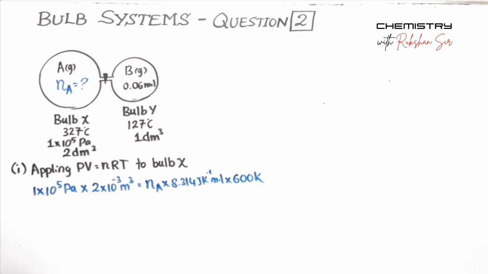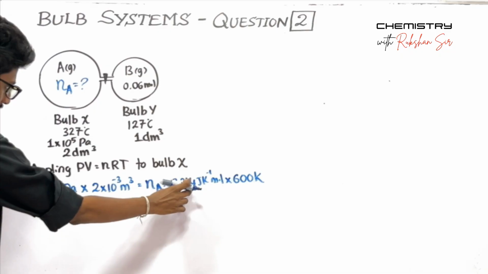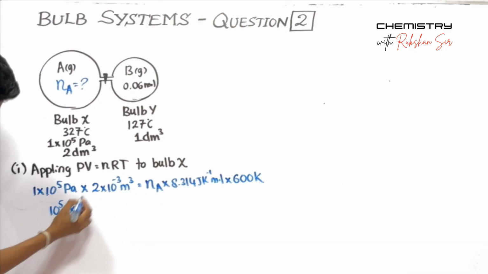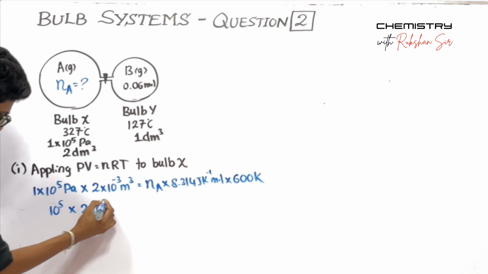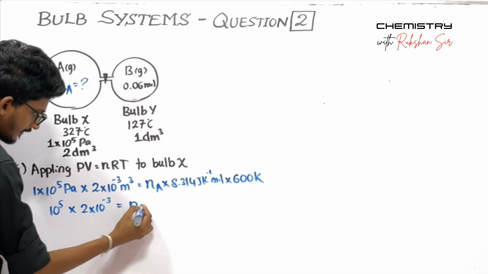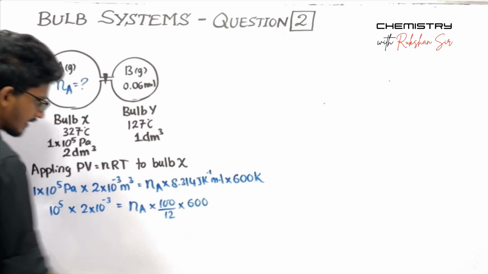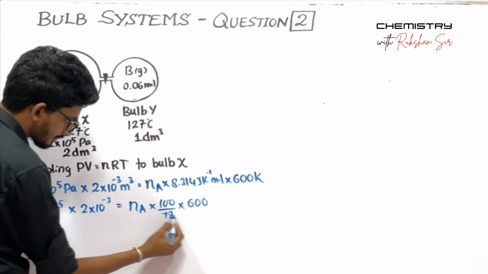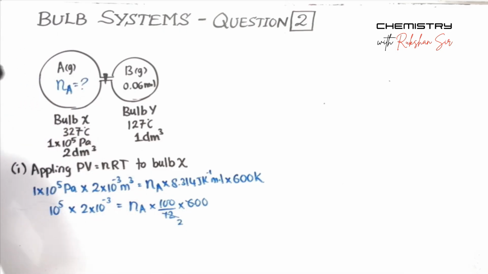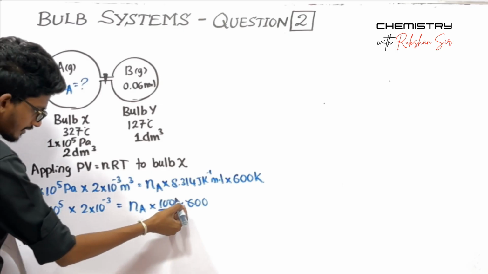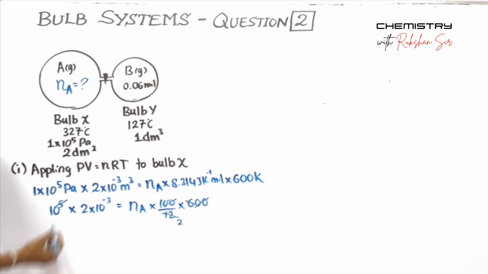Let's simplify. We can take R as 100 over 12. So it is 10 power 5 pascals, and 2 into 10 to power minus 3, and n times 100 over 12 times 600. Let's simplify. 10 to power 5 and 10 to power 4 cancel off with this one, so you have 2 and 2. 2 into 2 is 4, 4 into 1 is 2.